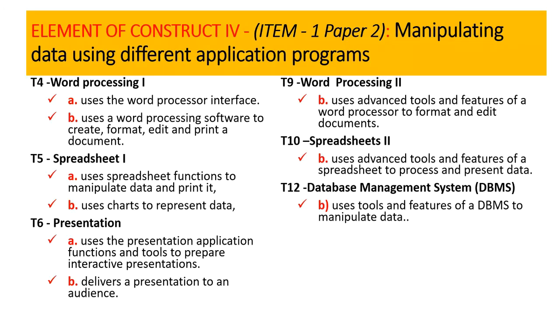These are 4 applications. A candidate is supposed to use a minimum of 2 applications and a maximum of 3 applications. So we are saying at best minimum applications on attempting item 1 and maximum 3 applications out of the 4 for manipulating data using different application programs.